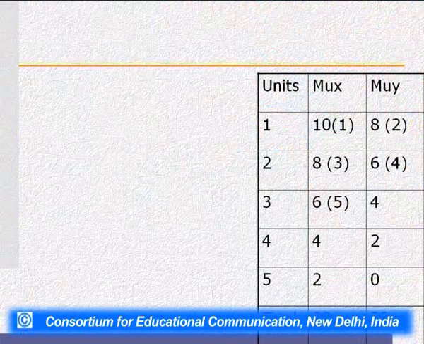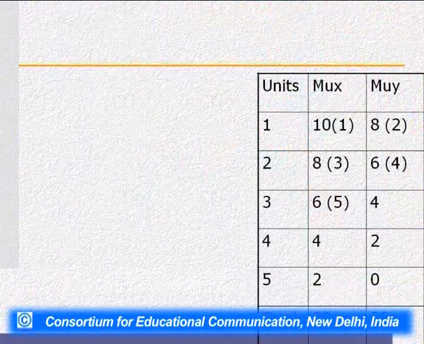In other words, looking at the table, one of the highest utility satisfactions is marginal utility X, where you get 10 only for 1 rupee. So first you go with 10 and you spend your first 1 rupee on it.